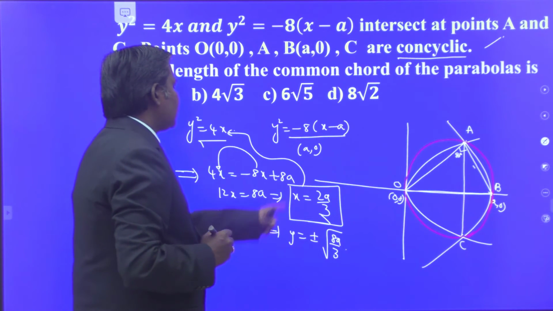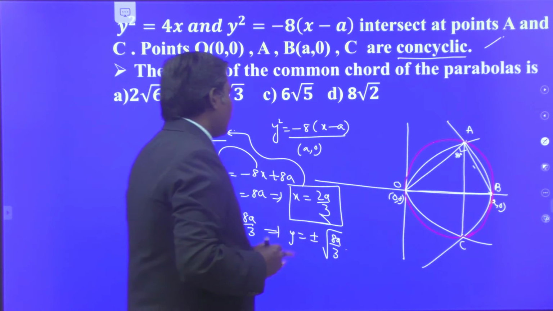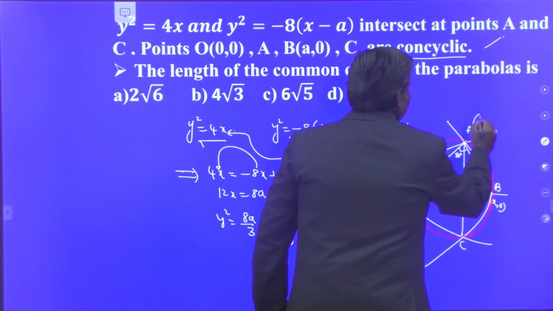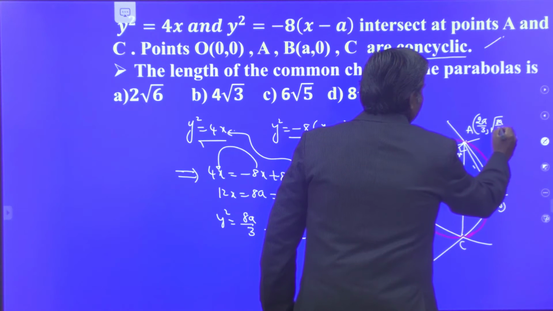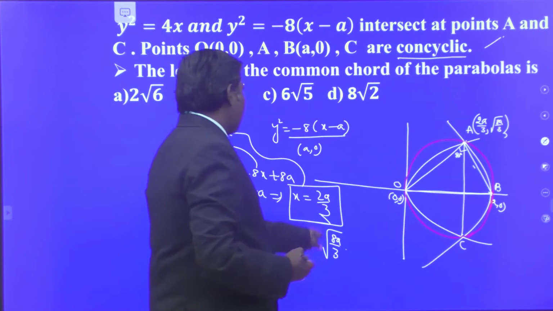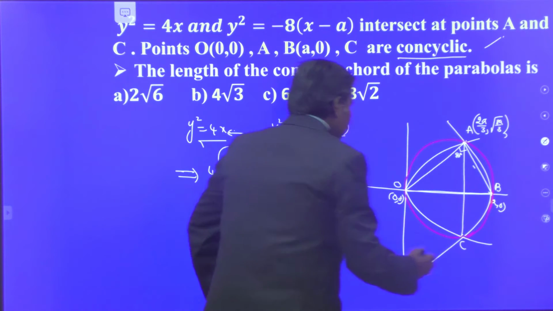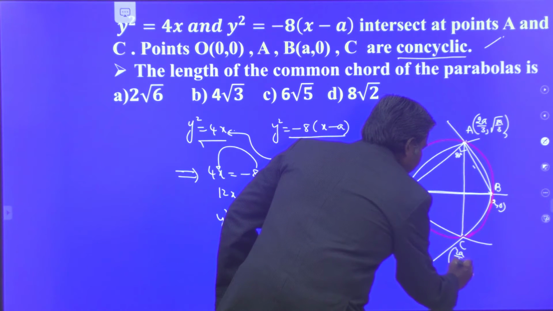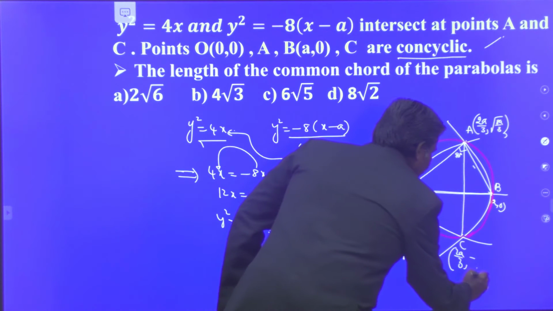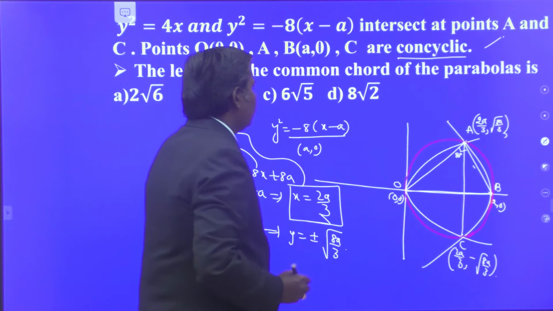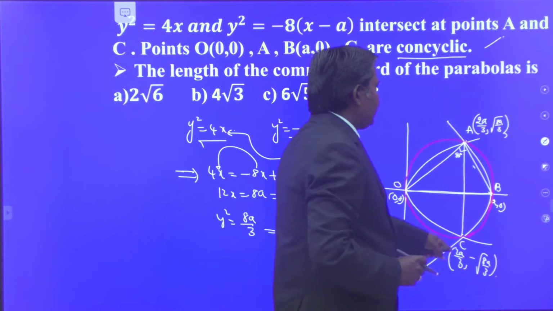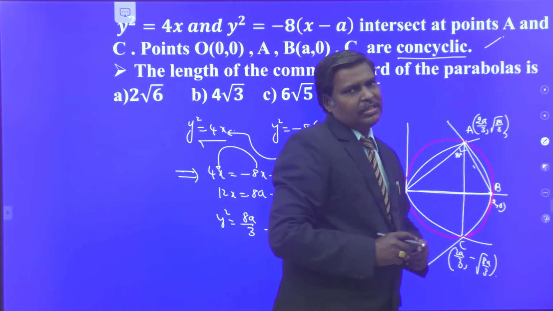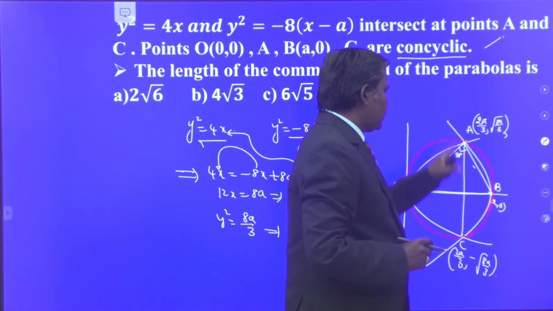So the points of intersection are 2a by 3 comma root of 8a by 3, and another one is 2a by 3 comma minus root of 8a by 3. So these are the 2 points. What is the length immediately? 2 times root of 8a by 3. So the distance between here and here is that one.